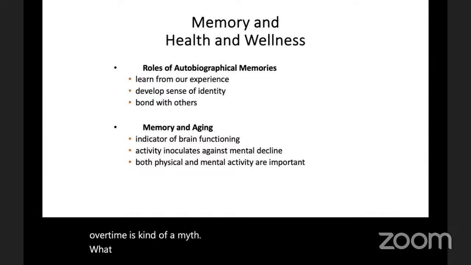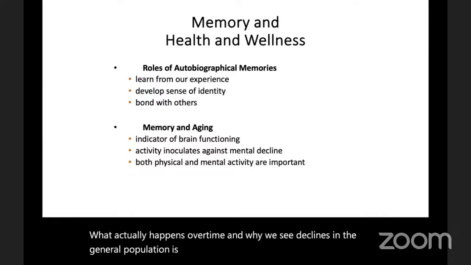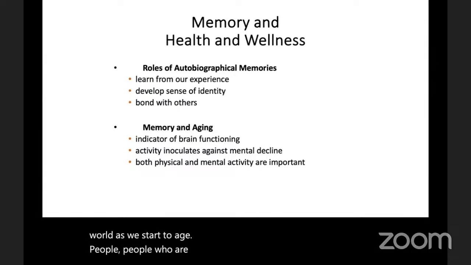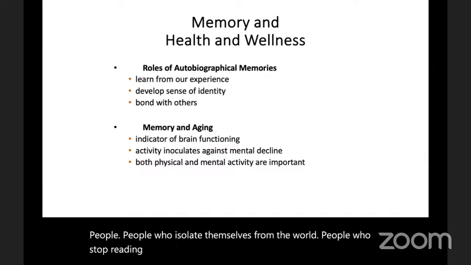What actually happens over time and why we see declines in the general population is because we stop engaging ourselves in the world as we start to age. People who isolate themselves from the world, people who stop reading and learning and all those kinds of things tend to have the larger declines.